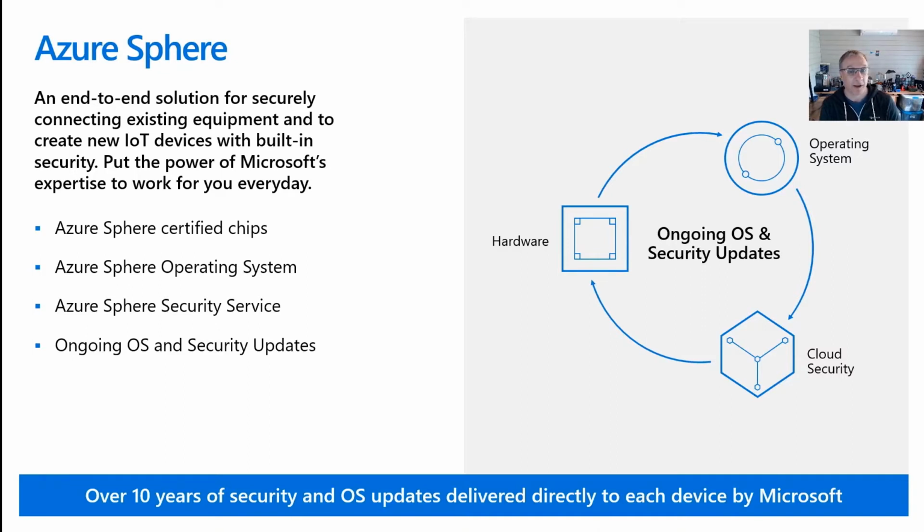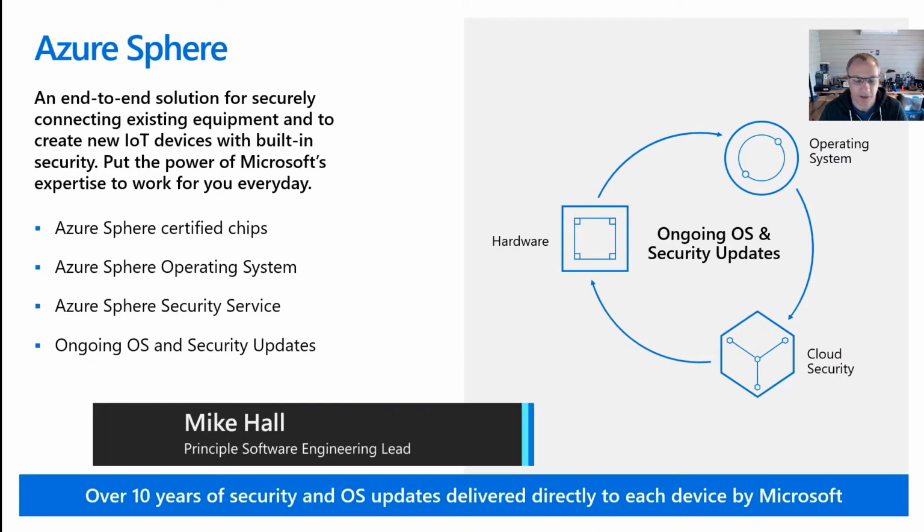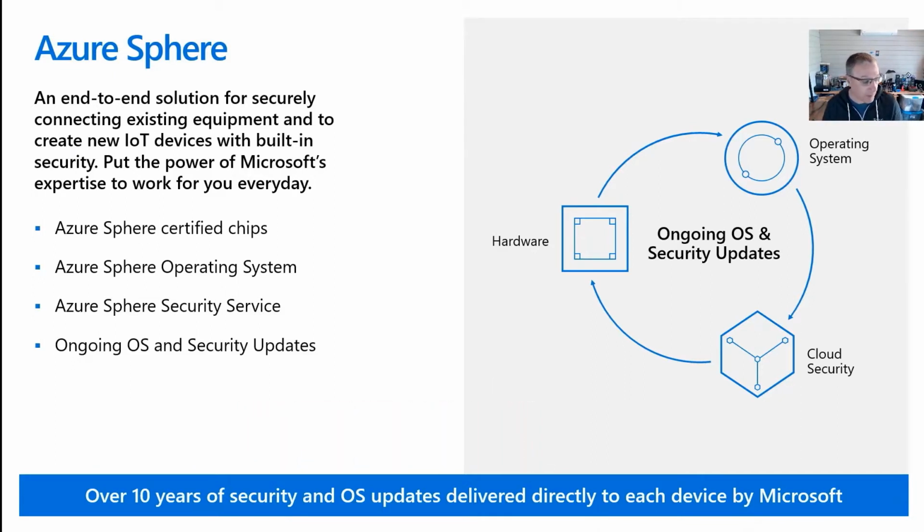Okay, thanks. So let's talk about Azure Sphere. When we think about building IoT solutions, there are a number of different parts to it, one of which is the hardware. For example, this is an Azure Sphere development board that has on it the MediaTek MT3620 chip. Most IoT systems are fixed function, meaning that the hardware the device is going to talk to is known upfront and doesn't change.